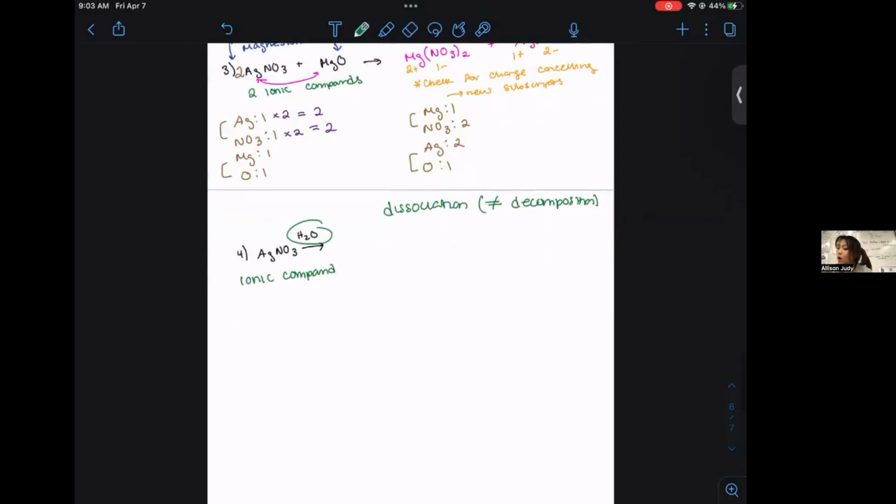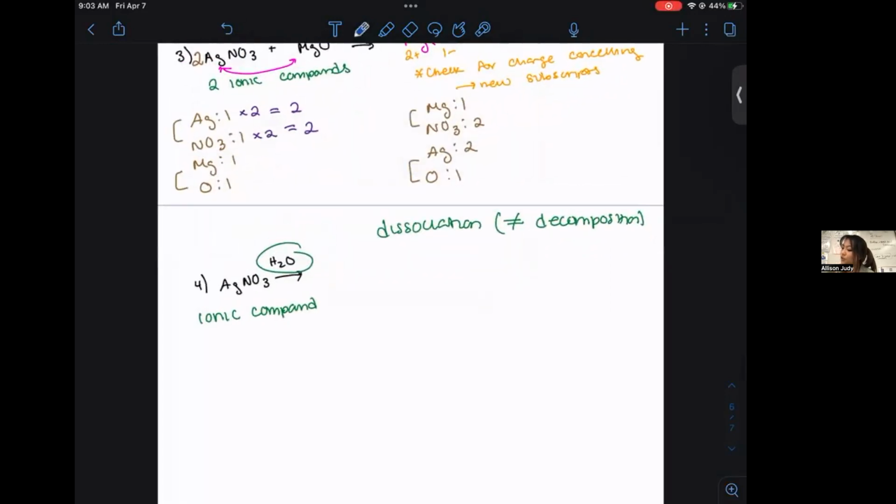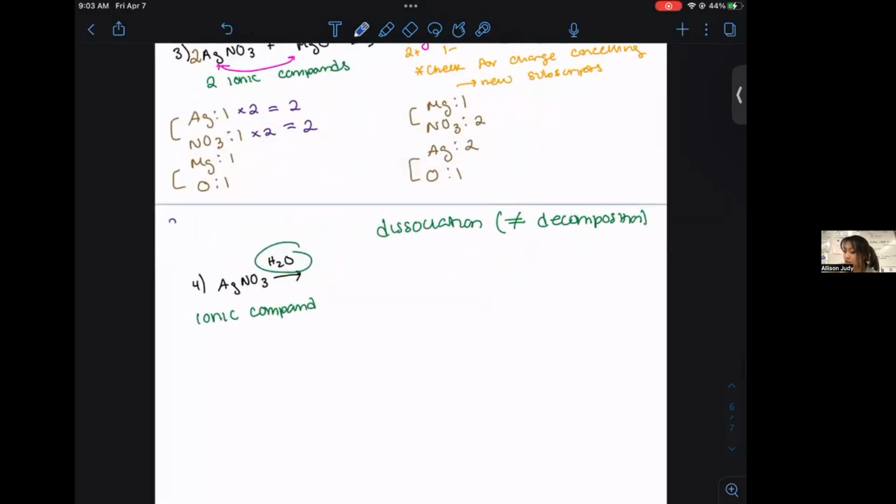So what would I have told you if I give you this on the quiz? I would say that silver 1 nitrate is dropped into water. And then I'd be like, predict the products. Predict the results of this very much physical process.